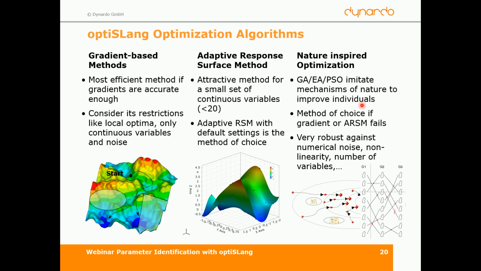And then we can use some RSM or NLPQL to come closer to the optimum, because the nature-inspired algorithms are not as accurate as NLPQL or the RSM method. And this combination of global search with some nature-inspired algorithms followed by some local search with RSM is also important for this procedure of model calibration.